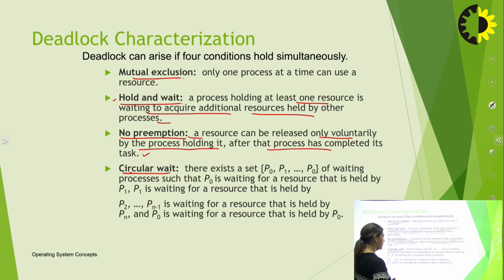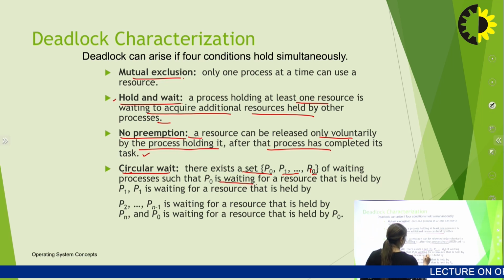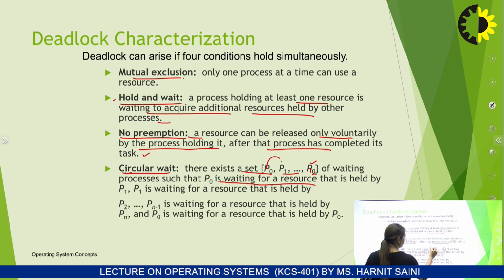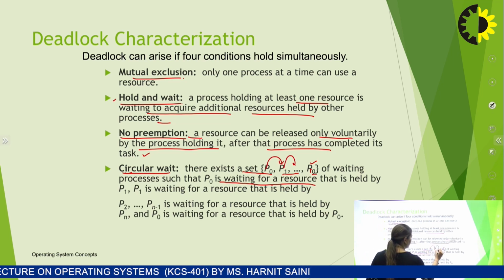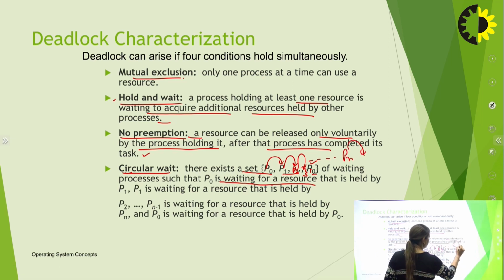Circular wait. As we discussed earlier, there exists a set of waiting processes P0, P1 up to Pn, such that P0 is waiting for P1, P1 is waiting for P2, P2 is waiting for P3, and so on, and the last process is waiting for P0.